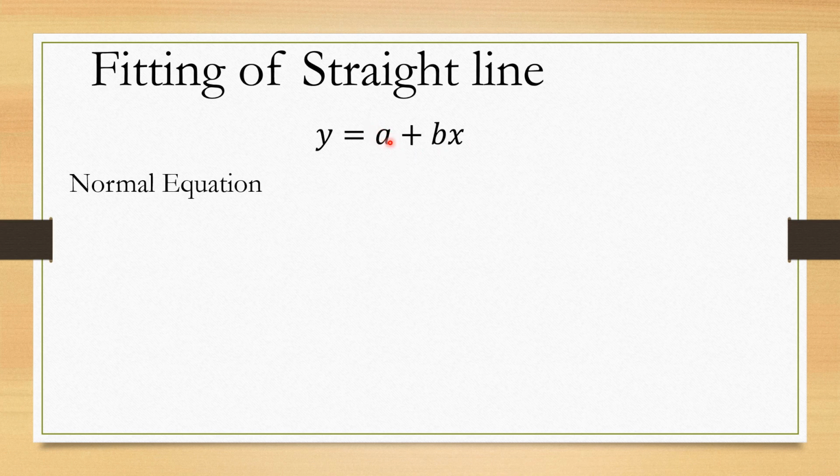A is the constant, so we will not have any summation, but this a will be multiplied by the number of data given. The first equation we get is summation y is equal to n into a plus b into summation x. Since there is no x or y in the a term, we write this as n into a.